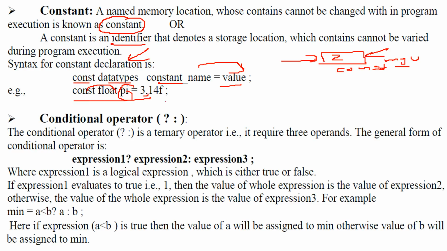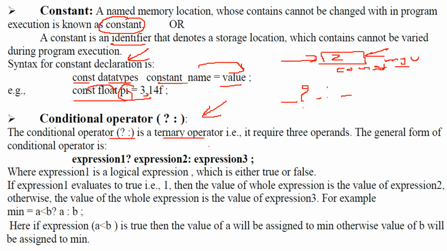Then we have the conditional operator. When we talk about the different control structures, you will be able to understand it better, because this is a short form of if and else. The conditional operator is a question mark and then a colon.